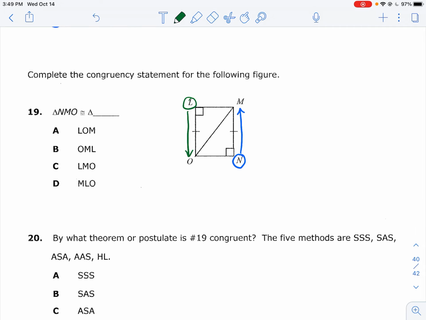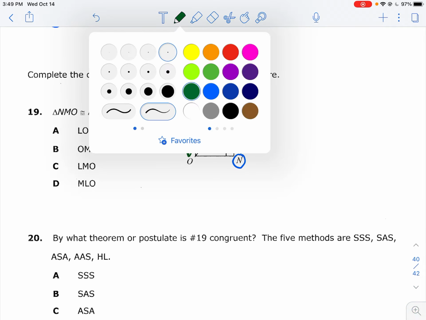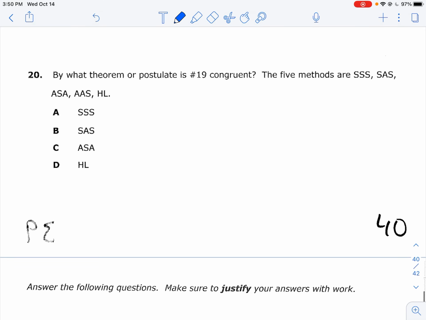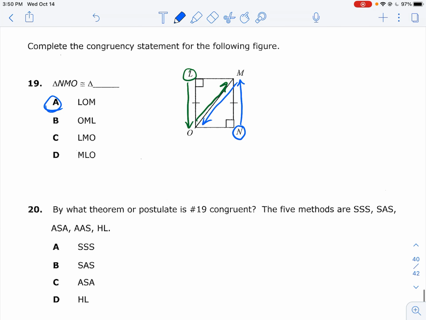I'm going to start with L, then O, then M, just like I started with N, then M, then O. So my answer, LOM.